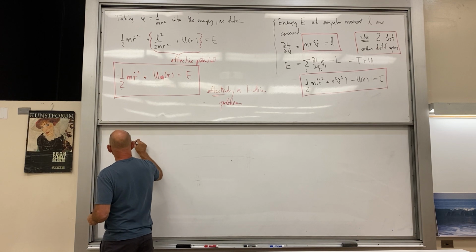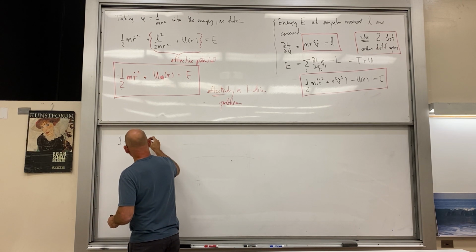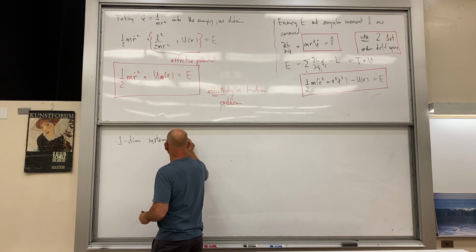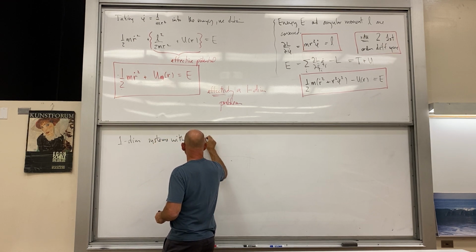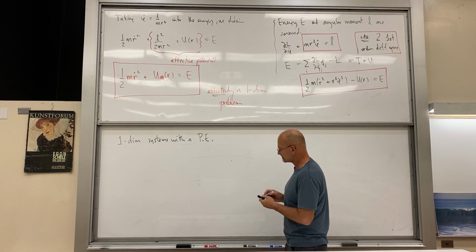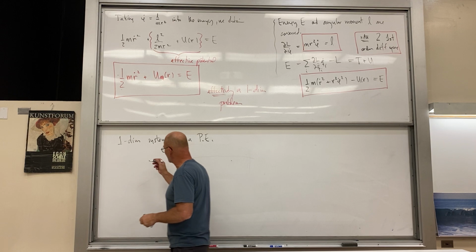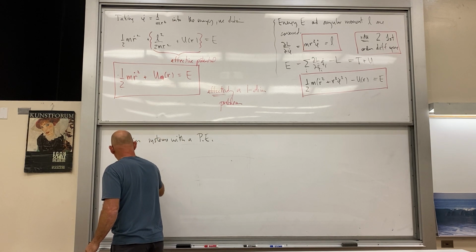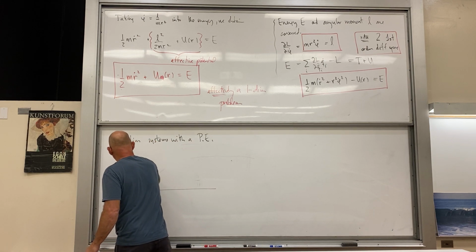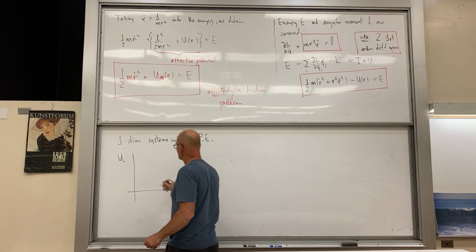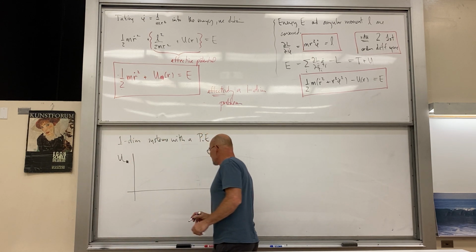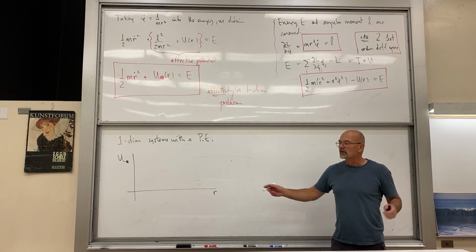So one-dimensional systems with a potential energy. What we generally do is we have a U, and since we have an effective potential, we're just going to call it that. It was U of x, now it's U of r.